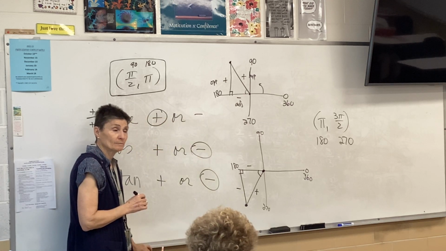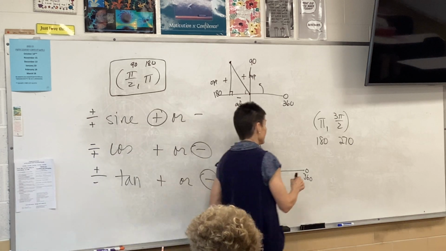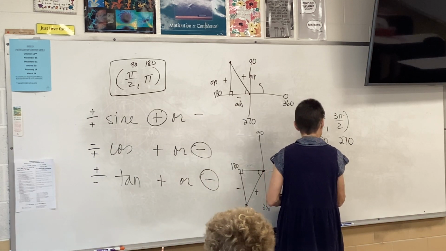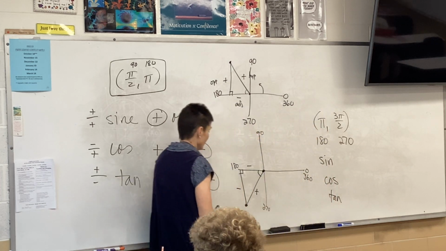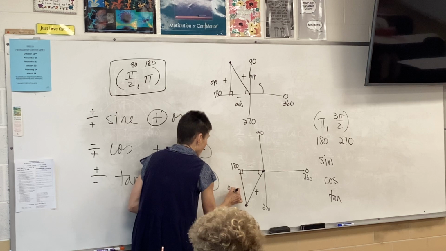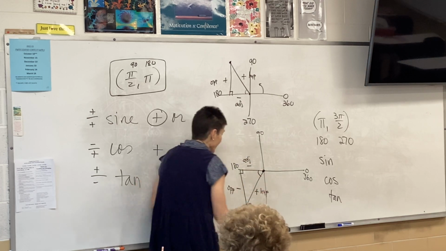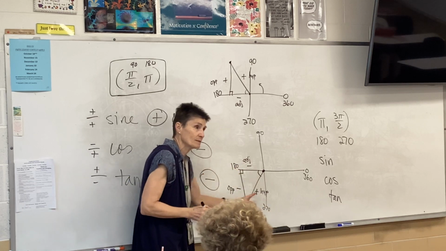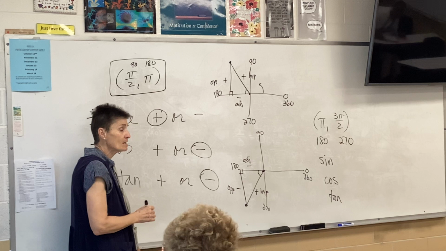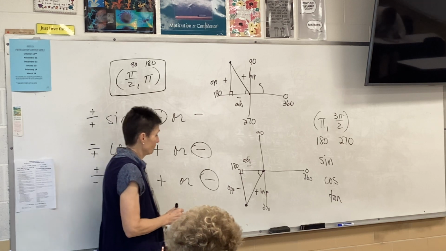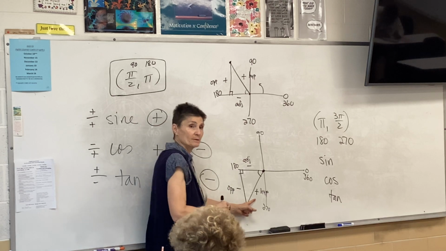Okay? So I want to know, am I positive or negative for my sine, cosine, and tangent? All right, so here's my angle. So this is opposite, adjacent, hypotenuse. We've done that a lot. Is everybody okay with those labels? So now I need sine, opposite over hypotenuse.